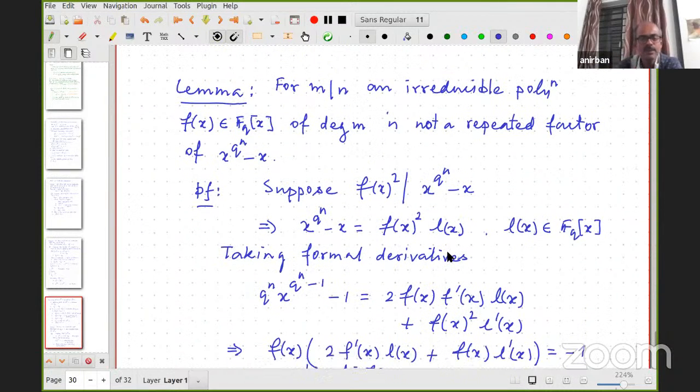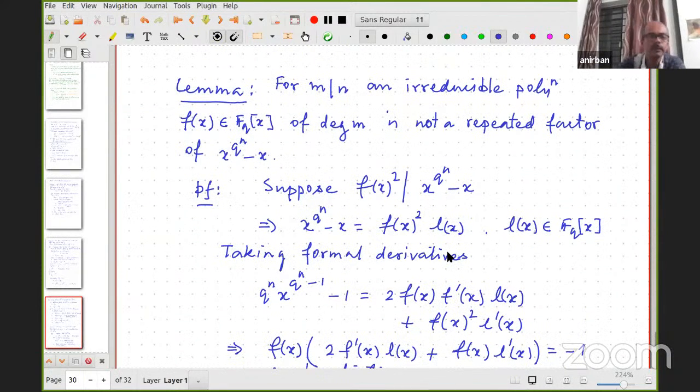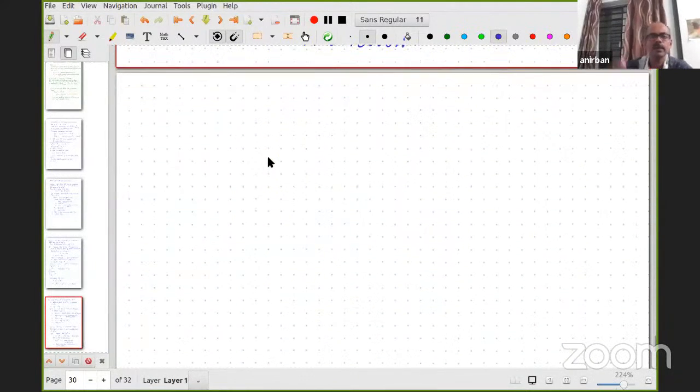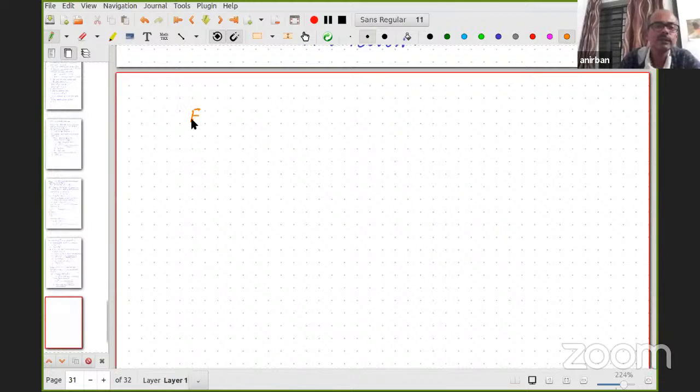So this polynomial x^(q^n) minus x is really very special. Every irreducible polynomial of degree m for m dividing n divides it, and divides it only once, exactly once. So we can factorize this polynomial in this way. Let me write that line as well.